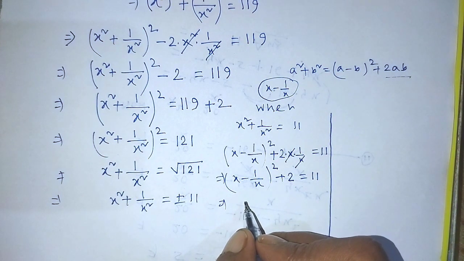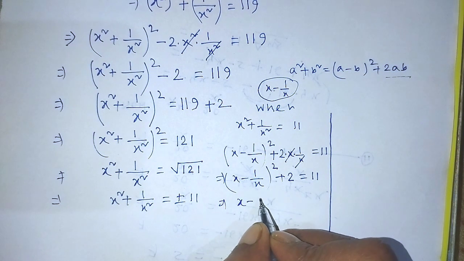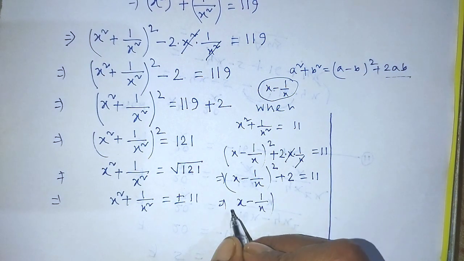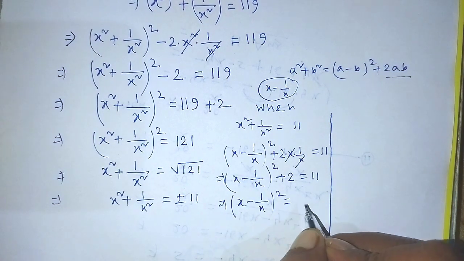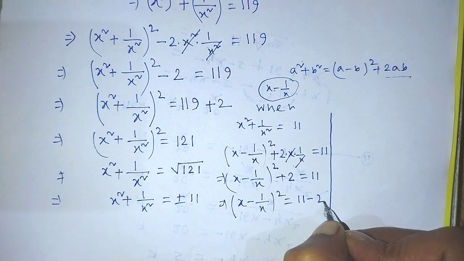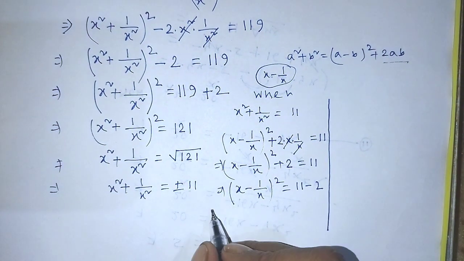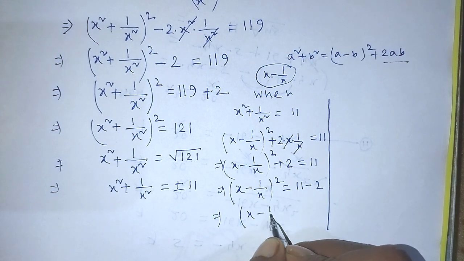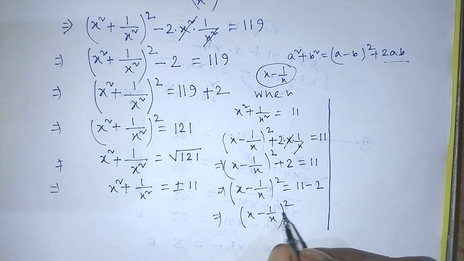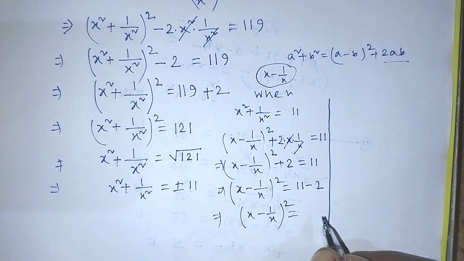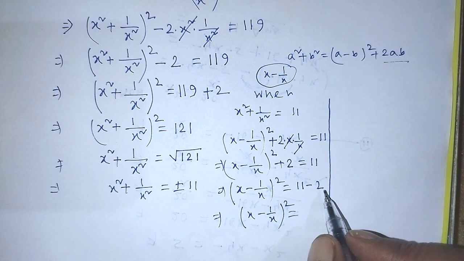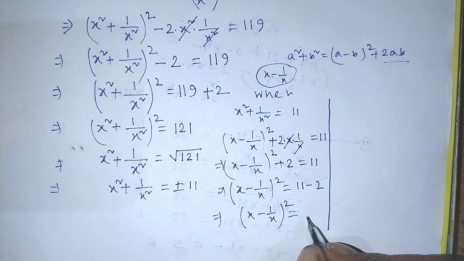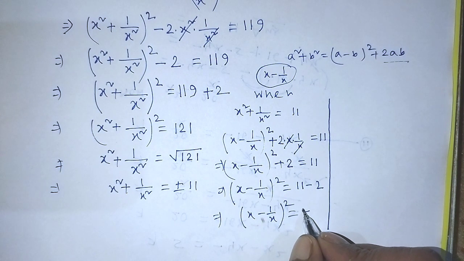So on the left hand side we have to write x minus 1 over x whole to the power 2 is equal to 11 minus 2. Okay. So student, again we have to write x minus 1 over x whole to the power 2 on the left hand side is equal to, on the right hand side if you subtract 2 from 11, then you get 9. So we have to write in here 9.